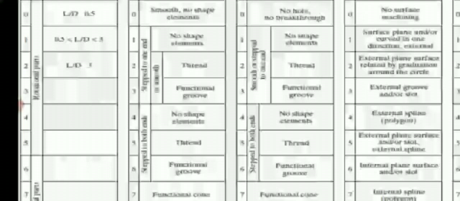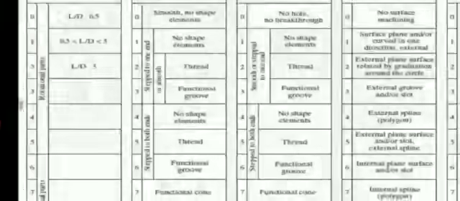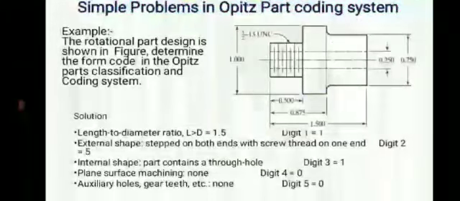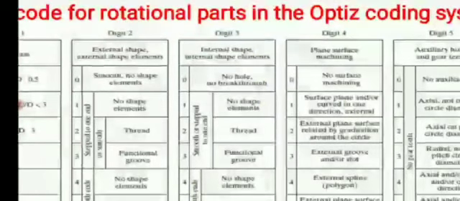Okay. Next we go for the third digit. See the diagram. The internal shape: the part contains a through hole. Okay. Go to the form code tabulation. See the third digit column.